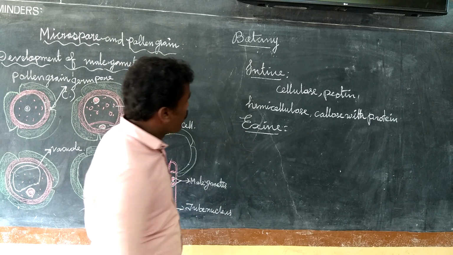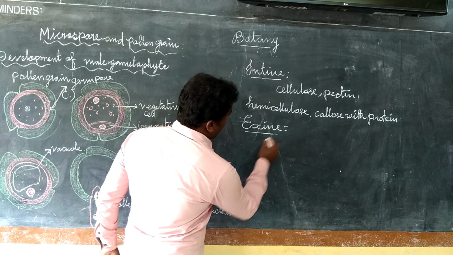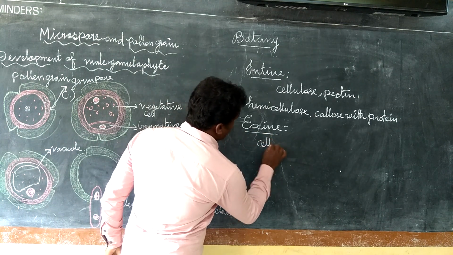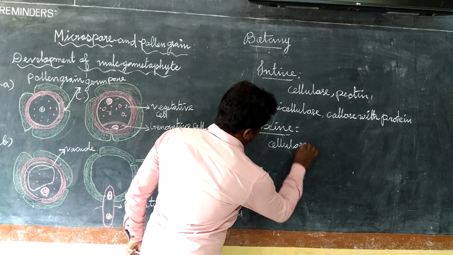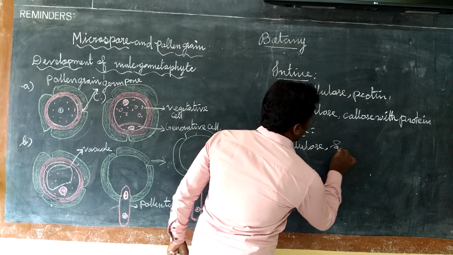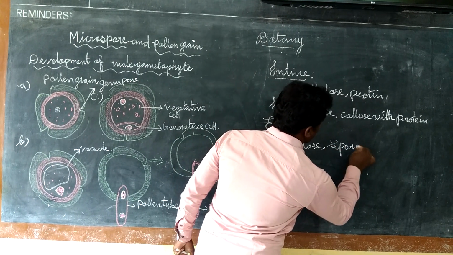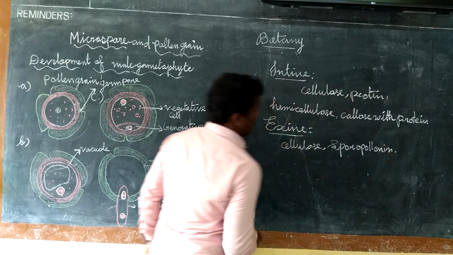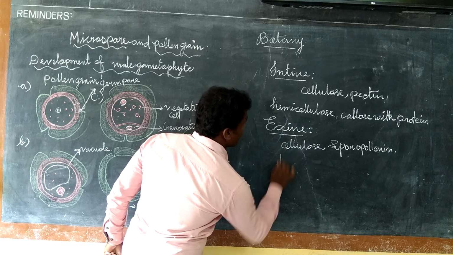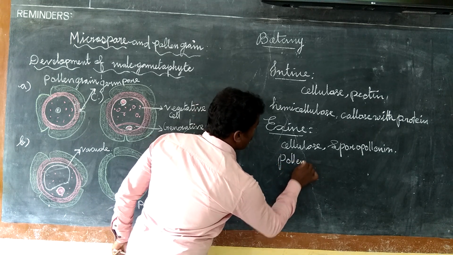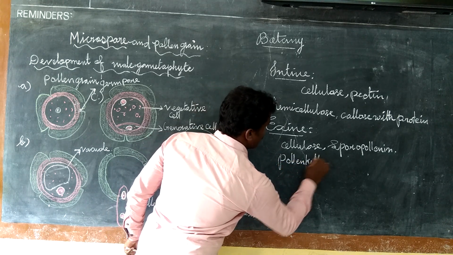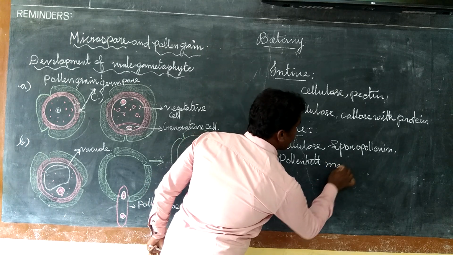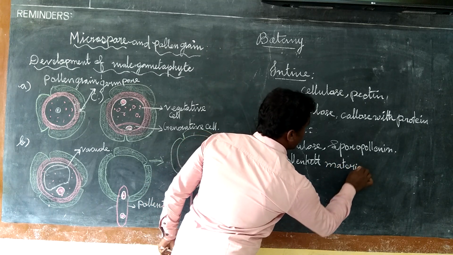In the exine layer also there is cellulose, sporopollenin, and pollen kitt materials. Pollen kitt materials are present there.